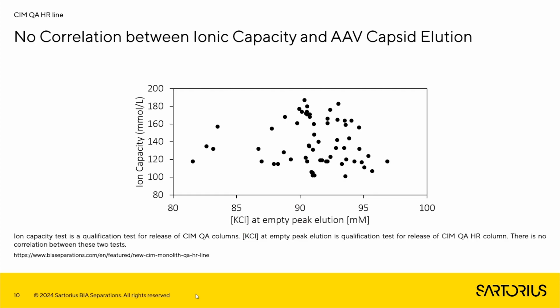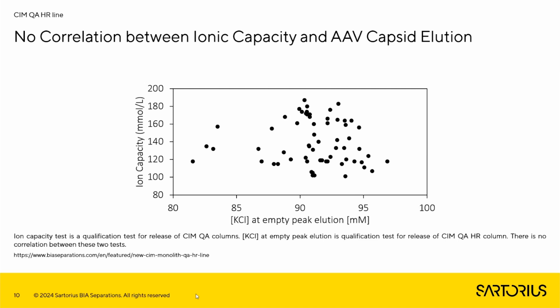Now, just a few words about the QA HR line. The innovation here really lies in the shift from the traditional column testing methods to ones more suited for the unique challenges of AAV empty and full separation. Originally, columns were tested and released based on their performance with small molecules, such as using phosphate to measure the ion exchange capacity.